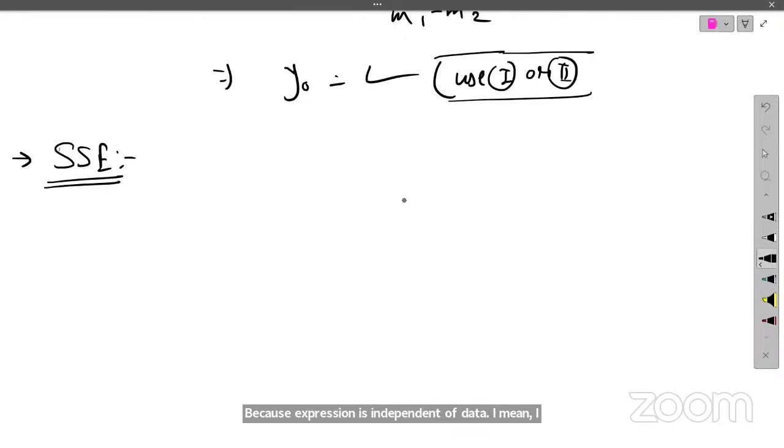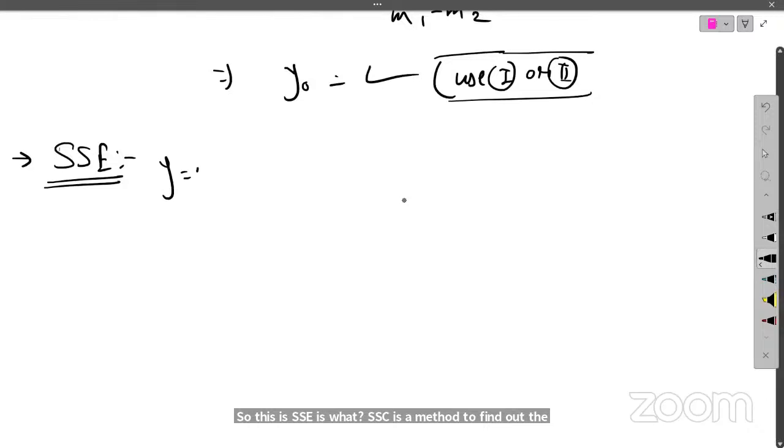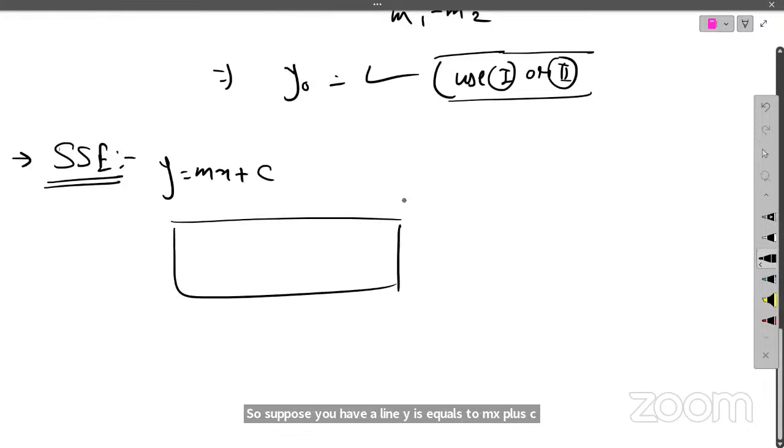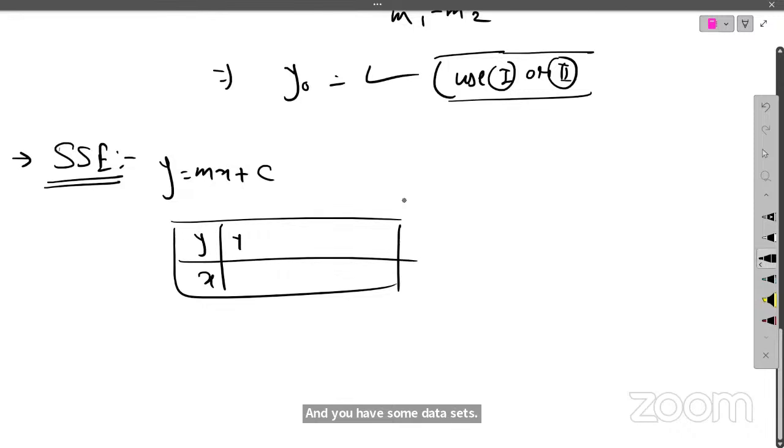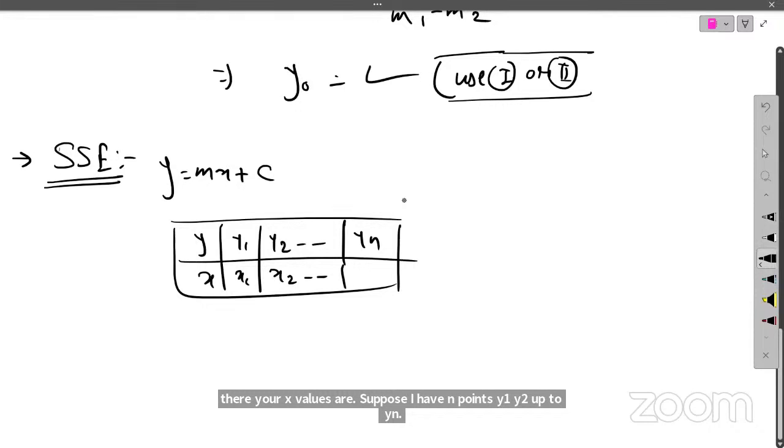So SSC is a method to find the error between that particular data and your expression. Suppose you have a line y equals mx plus c, and you have some data set, right? Some table is given to you where y values and x values are there. Suppose I have n points, y1, y2 up to yn, and x1, x2 up to xn.